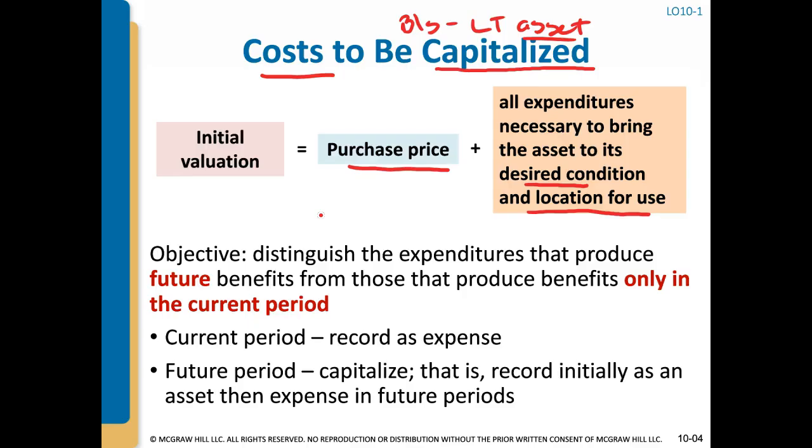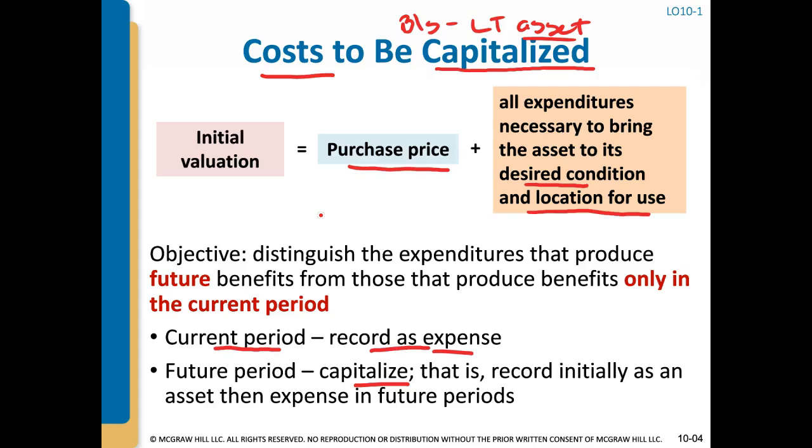The difference between what gets recorded as an expense versus what is capitalized has to do with the benefit from that cost. If the benefit from incurring that cost is only for the current period, then we record it as an expense, such as a repair.